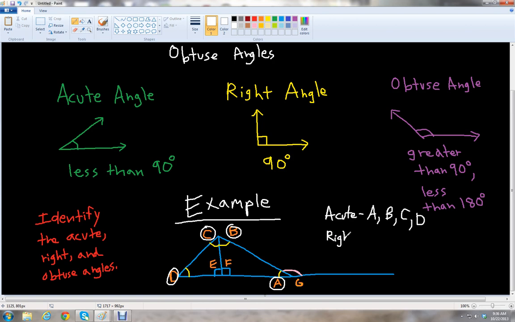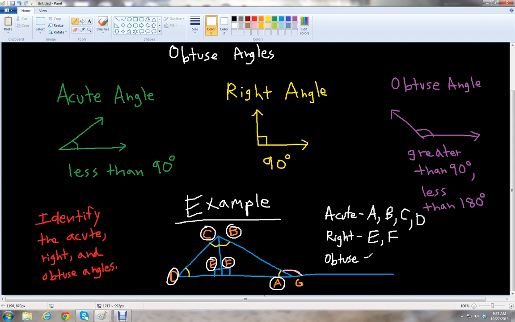And the right angles, we actually see two of those. You know, when you have the square, you have angles E and F. Those are the two right angles. And then the last type of angle is the obtuse angle.